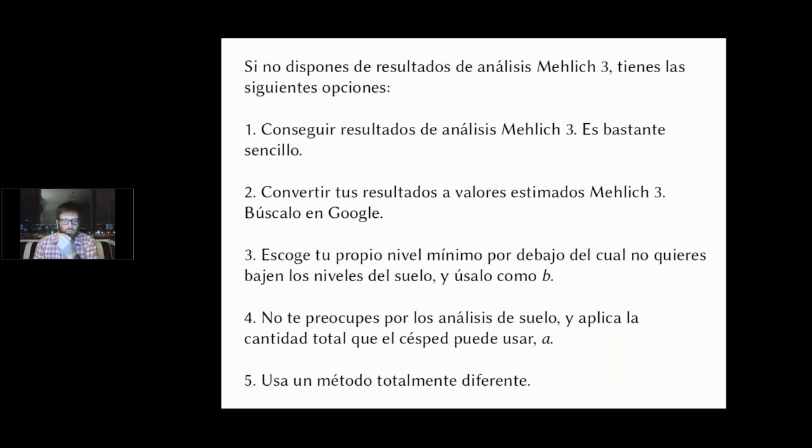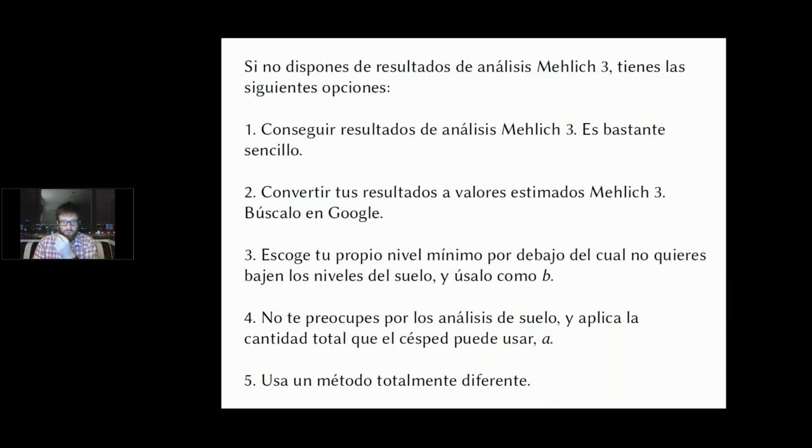Or maybe you have some local minimum level. You have calibration at your local state or country for a different soil test method, and you already know a different level that you don't want to drop below, or you want to make up your own minimum guideline.